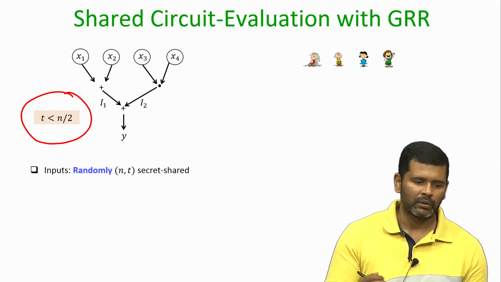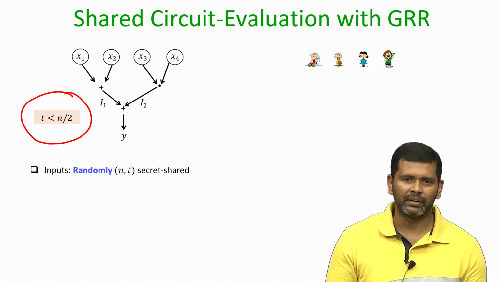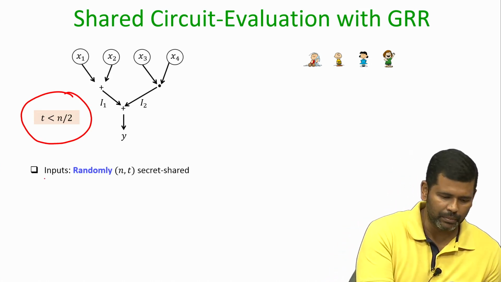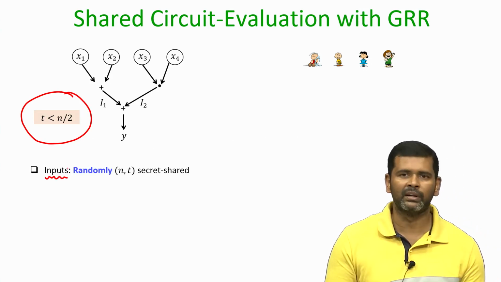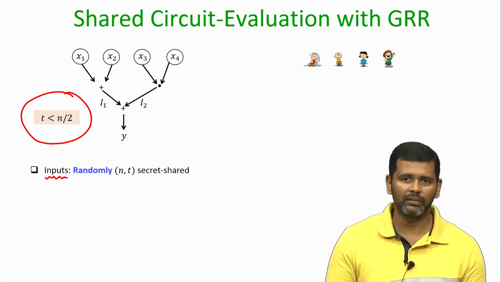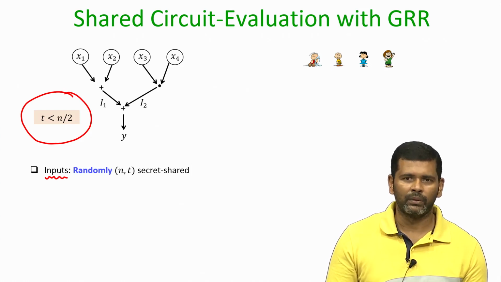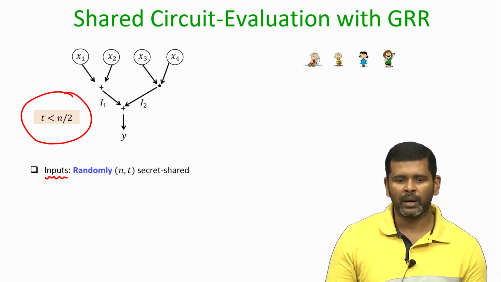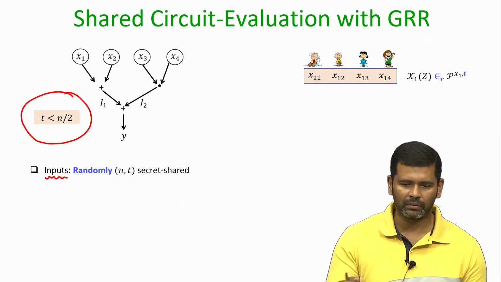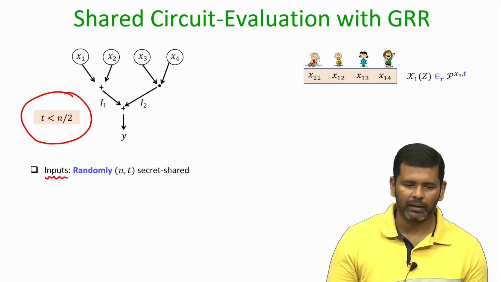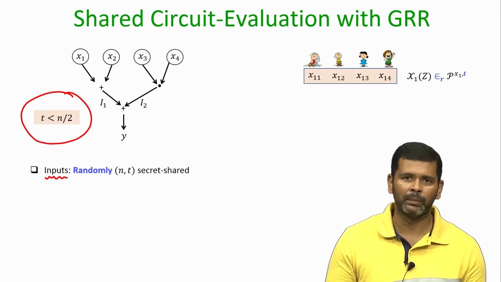So, the protocol for shared circuit evaluation is as follows. The inputs for the function which are available with the respective parties are secret shared by the corresponding parties, who act as the dealer and share them by executing instances of Shamir secret sharing. So, in this example we have 4 parties P1, P2, P3, P4.